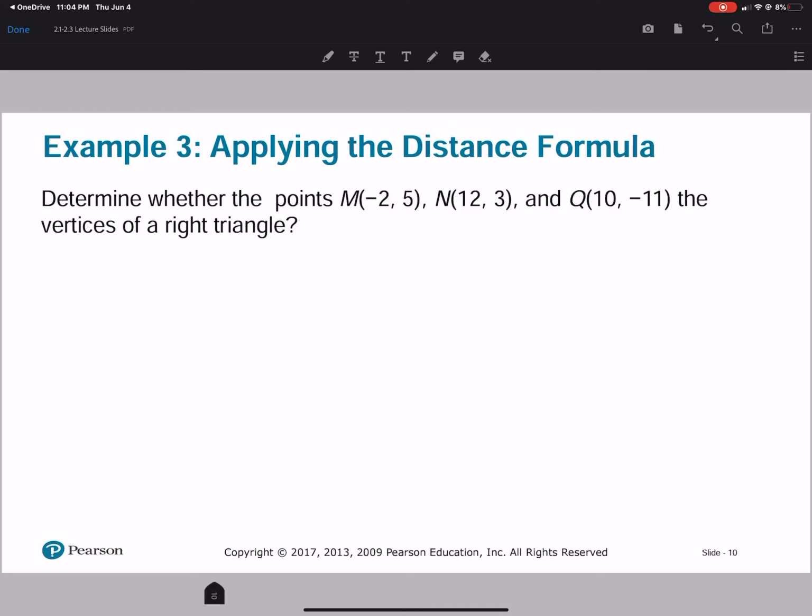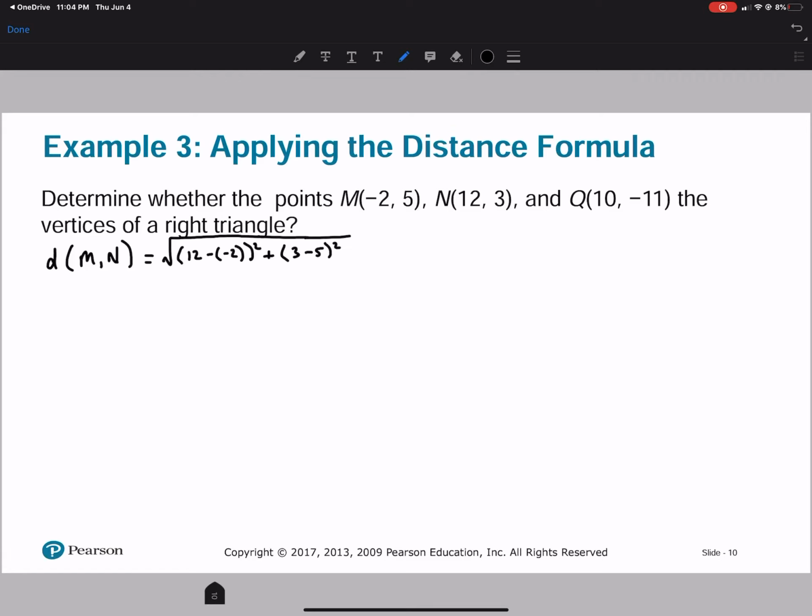So, first thing we want to do, let's find the distance from M to N. That'll be equal to the square root of 12 minus a negative 2 squared, plus 3 minus 5 squared.